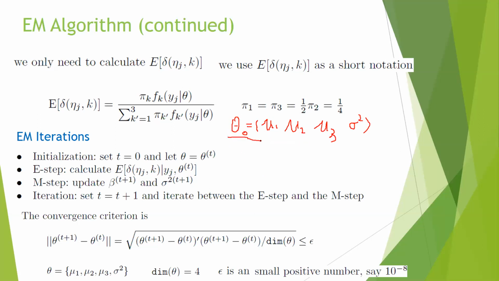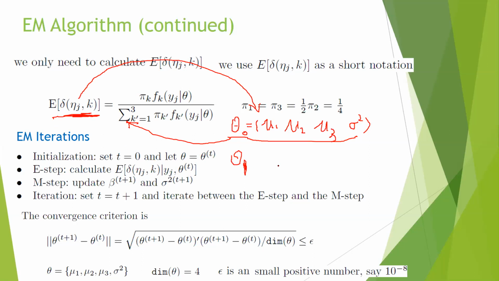So once this is given, we can calculate the expectation, right? And now with this expectation, we can go back to re-estimate these parameters. So let's say this is time 0. At time 0, we just give them some arbitrary values to initialize this process.